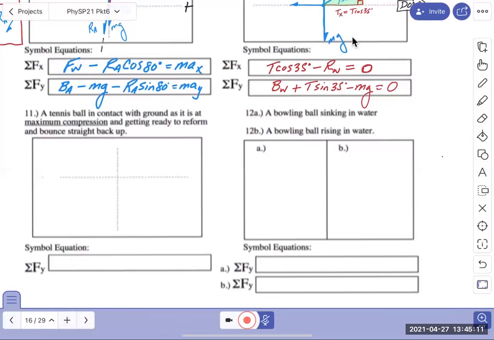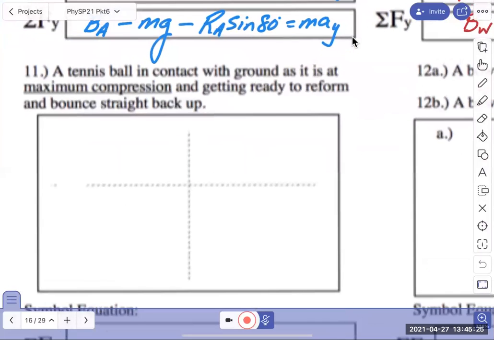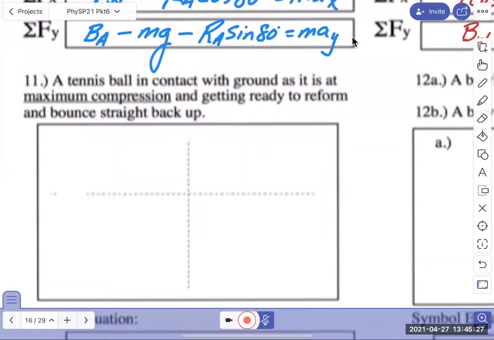All right, so let's look at number 11. This is on 6.1 again. We're going to wrap up 6.1 today, so I got to hurry here. I've been sitting here yapping too much. Number 11, we have a tennis ball. We're throwing it on the court, and it's smashing down, and it's ready to rebound.